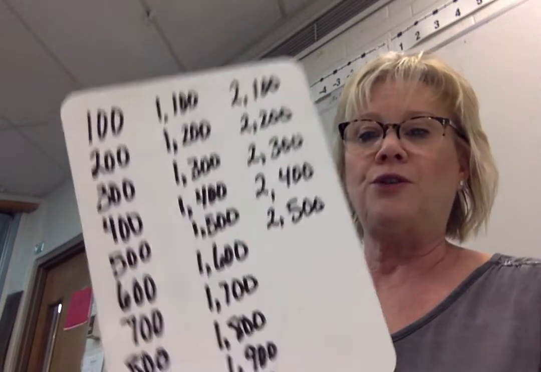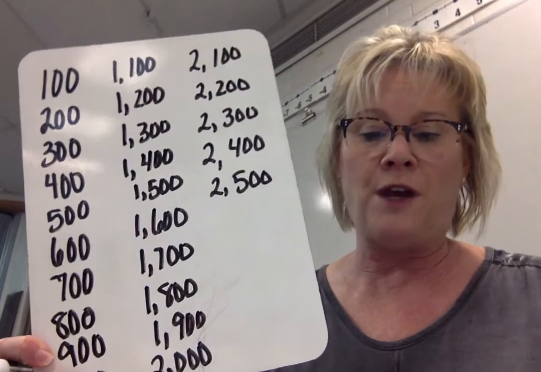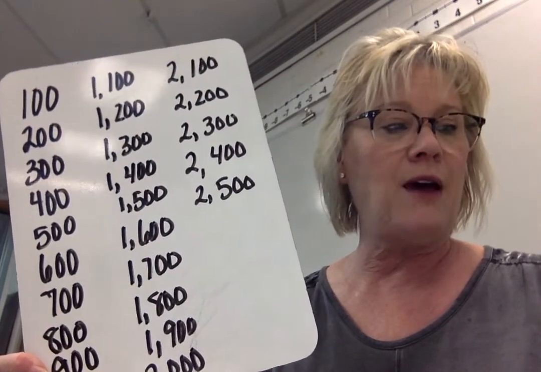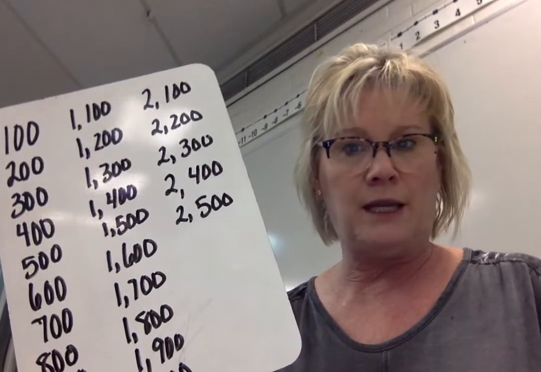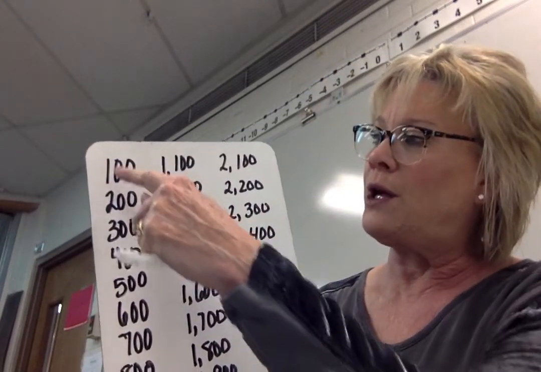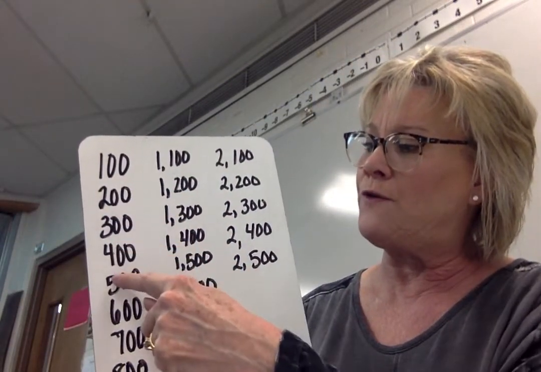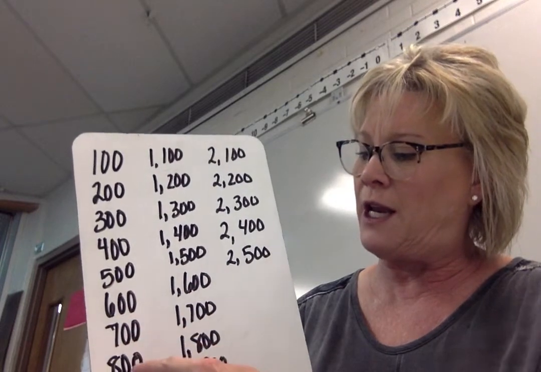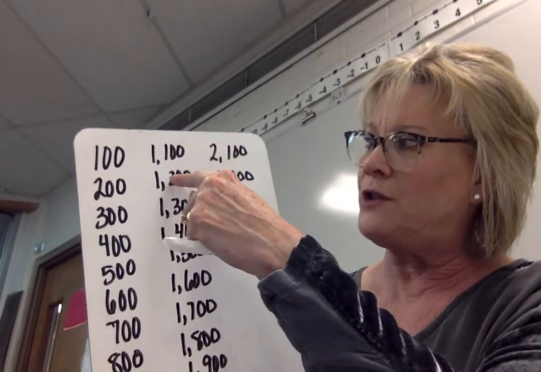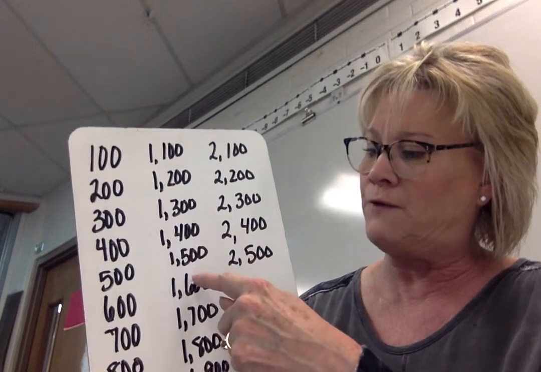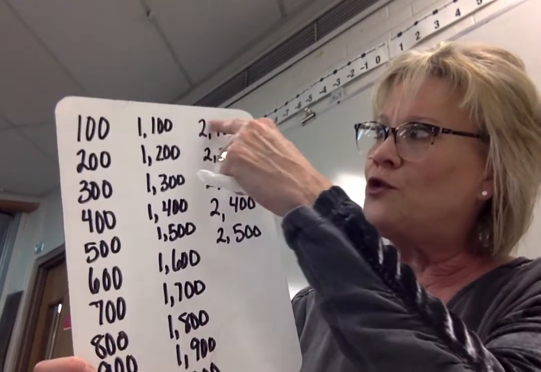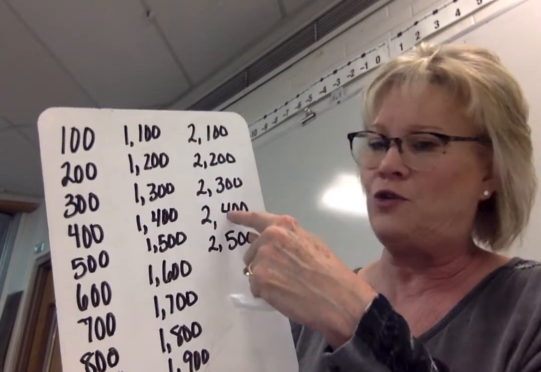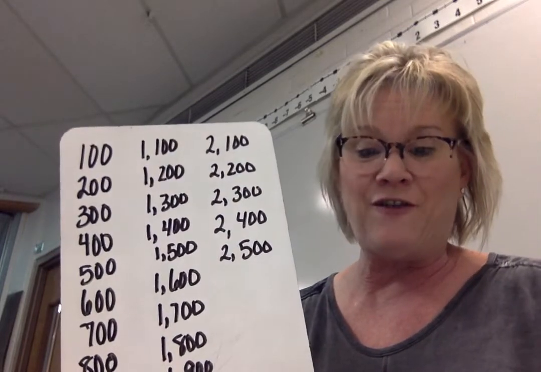All right, so we got to 2,500. So let's count how many we said in 1 minute. 1, 2, 3, 4, 5, 6, 7, 8, 9, 10, 11, 12, 13, 14, 15, 16, 17, 18, 19, 20, 21, 22, 23, 24, 25.